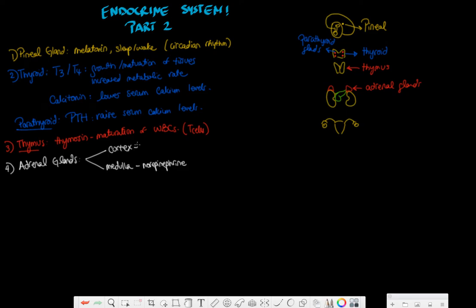As for the cortex, it's going to release a wide variety of hormones, some of which are aldosterone, which is important for sodium and water retention, or reabsorption, in the body. It's also involved in releasing glucocorticoids.